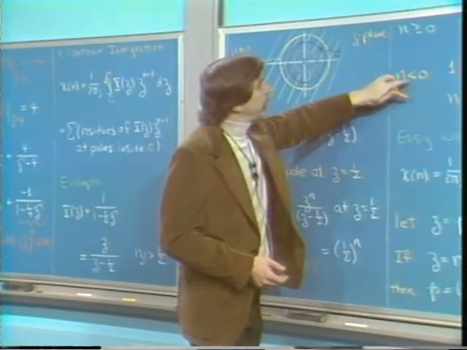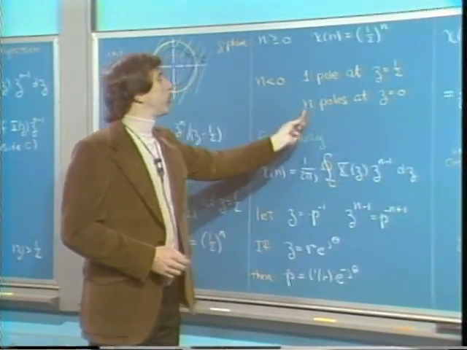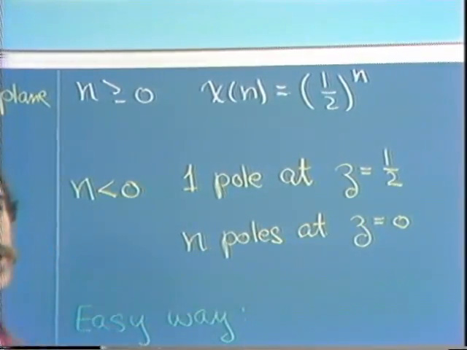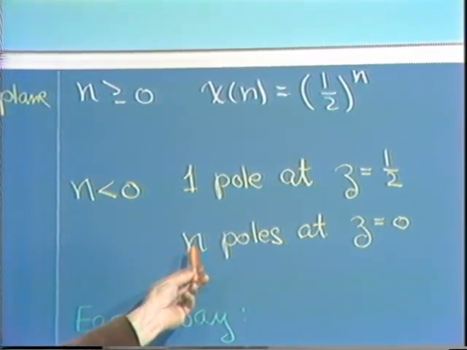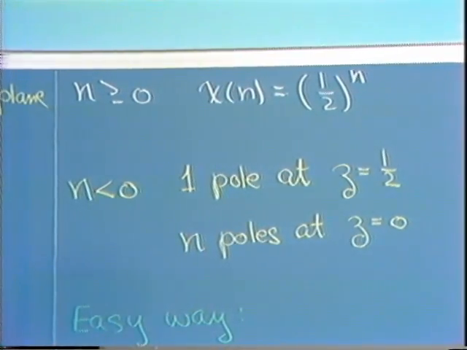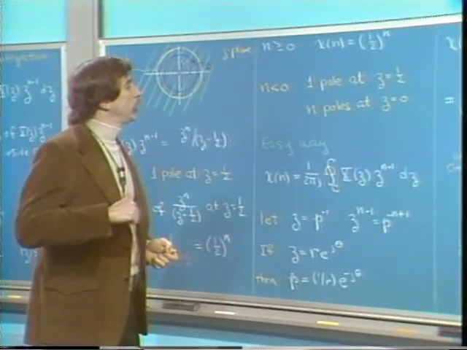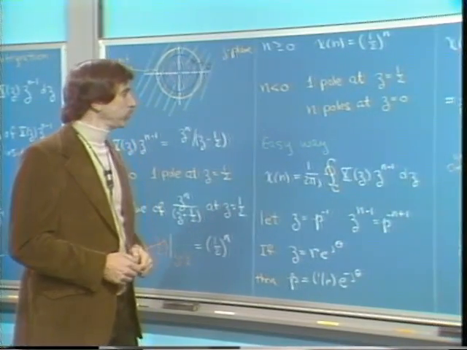So for n less than 0, we have not only this pole, but we have n poles at z equals 0. That's a problem, because now we're going to have to evaluate the residues at each of these poles, and the more negative the value of n we're trying to get x[n] for, the worse it gets, because the higher the multiplicity of the pole.